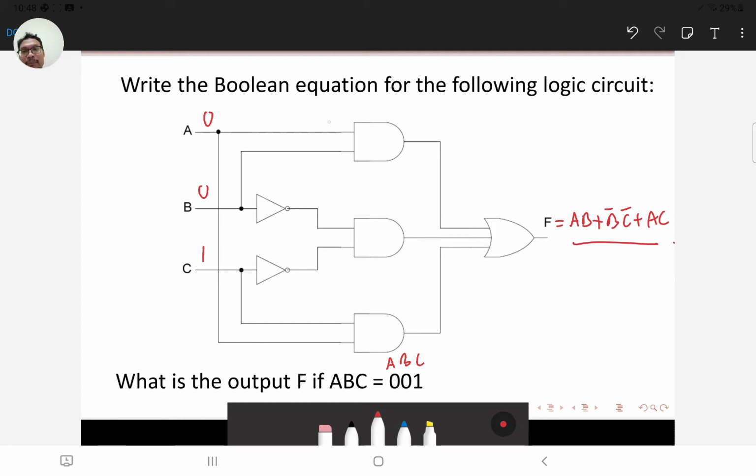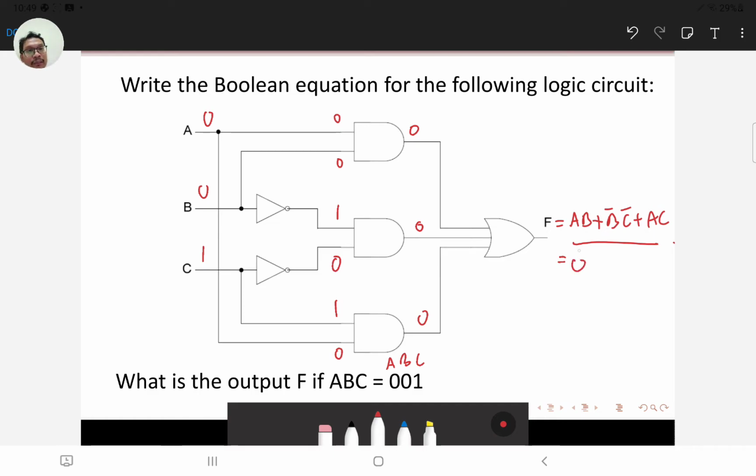If I put 0, 0 here, we're going to get 0. If I put 0 here, we're going to get 1. 1 and 0 is going to be 0. Here is going to be 1, and here is going to be 0. I'm going to get 0 here. 0 OR 0 OR 0, we are going to get F equals 0.